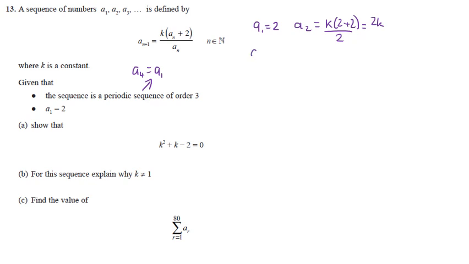So a3 is equal to k times 2k plus 2 over 2k. So k cancels there and there, and then the 2 will cancel, so we'll just be left with k plus 1. And then a4 is going to be k times (k plus 1) plus 2 over k plus 1.